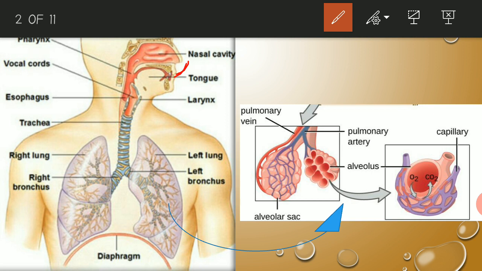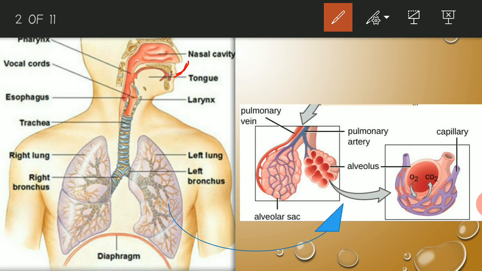Nostril is actually the opening. In our body, at the tip of the nose there are two openings, and these two openings are known as the nostrils. The nostril is very important for taking in oxygenated gas and taking out deoxygenated gas.